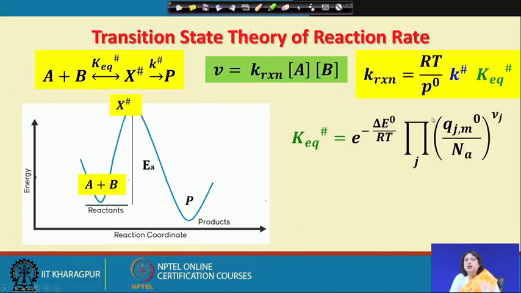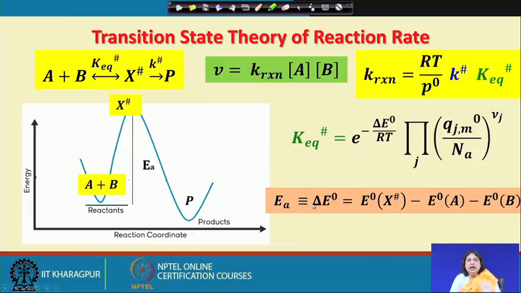So, what are these E naught and q_j,m naught? What I find here is E_A, that is the activation energy, as shown here. This is nothing but the E naught that I have shown here, and that is the 0 Kelvin potential energy of the activated complex minus the same energy for the reactant A minus the same energy for the reactant B.